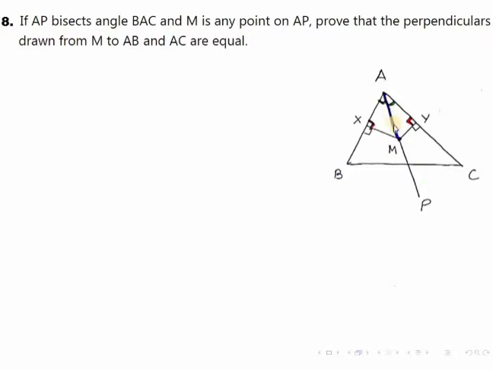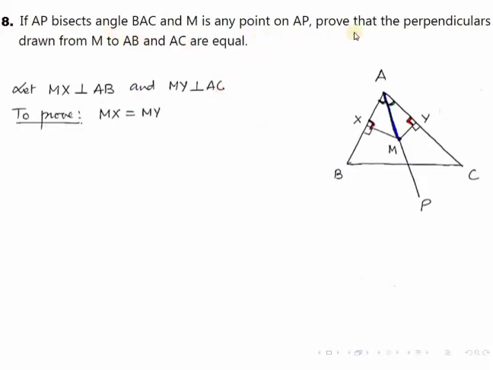And exactly on this line AP you are drawing a point M, and from M you have to draw perpendiculars to AB and AC. I'm writing MX perpendicular to AB and MY perpendicular to AC. So what we have done here is MX is perpendicular to AB and MY is perpendicular to AC.